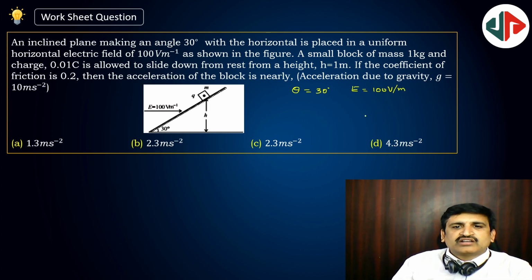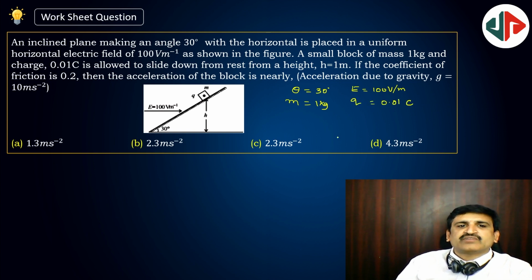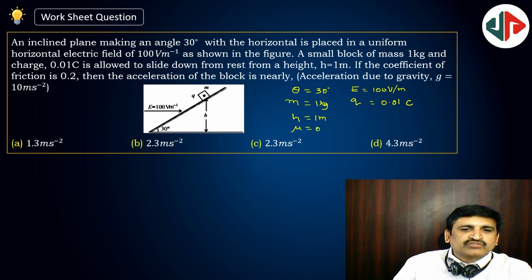A block of mass M equal to 1 kg and a charge Q equal to 0.01 coulombs is allowed to slide from rest from a height h equal to 1 meter. Electrical things I am writing on the right side and normal things on one side. If the coefficient of friction is 0.2, then the acceleration of the block is nearly what?